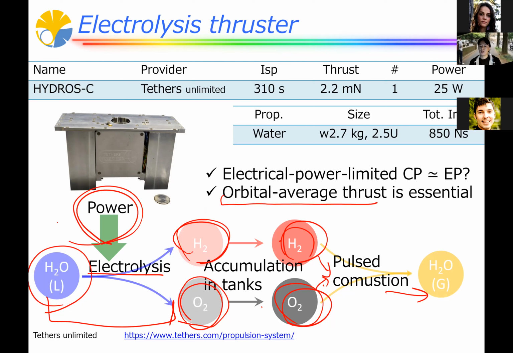So you have to consider the orbital average thrust. This value is the orbital average thrust. Instantaneously, if you focus on a short time, it generates much higher thrust. Actually, it generates 10 newtons or something like that for a few seconds, a very short time. But average thrust is an essential parameter for this propulsion system.